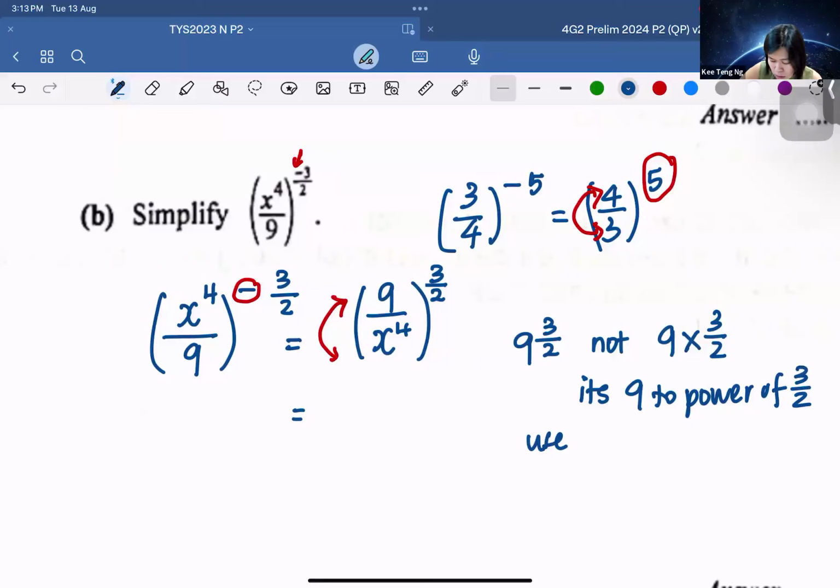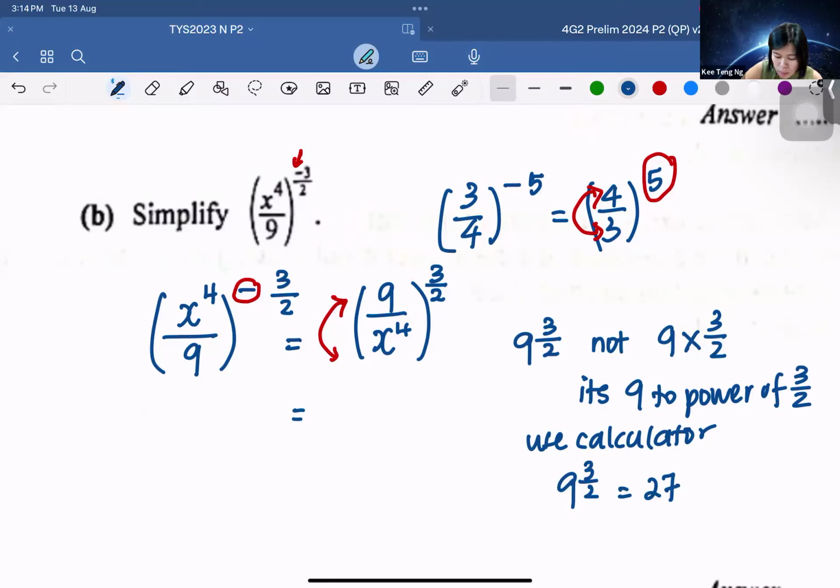Use your calculator to check. Can you tell me what is the calculator value? Everyone calculate it. What does it become? Thank you. Okay, so 9 to the power of 3 over 2 is the number 27.